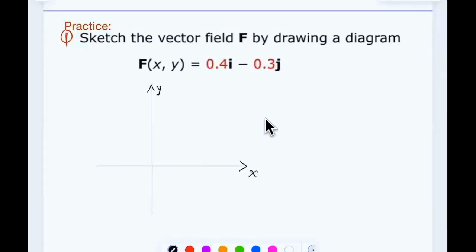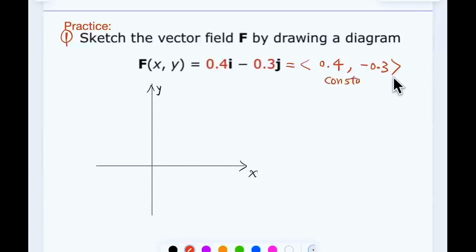Okay. Did you do it? Okay. How about we do it together? Let's rewrite this in this way, right? So the x component is 0.4, and the y component is negative 0.3, right? Okay. So this is a constant. It's a constant vector, isn't it?